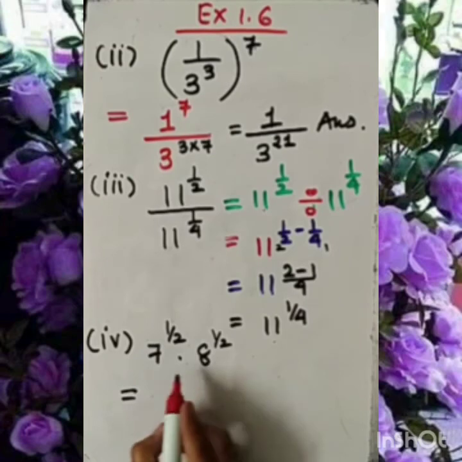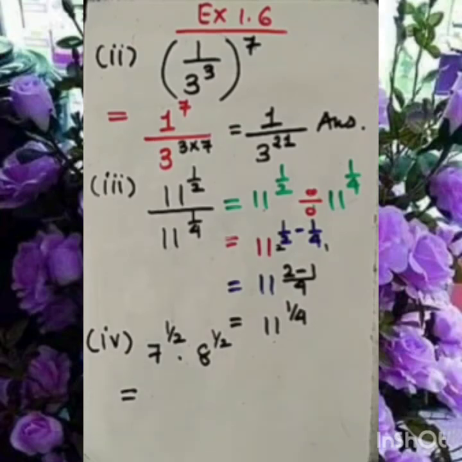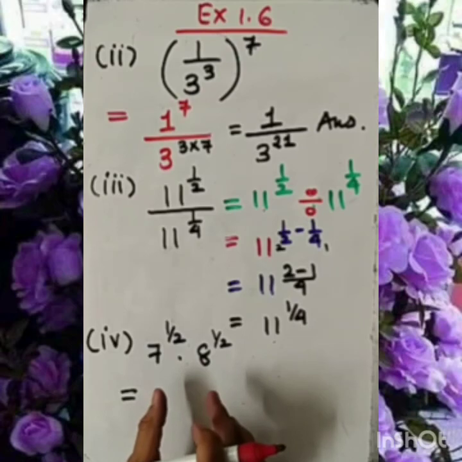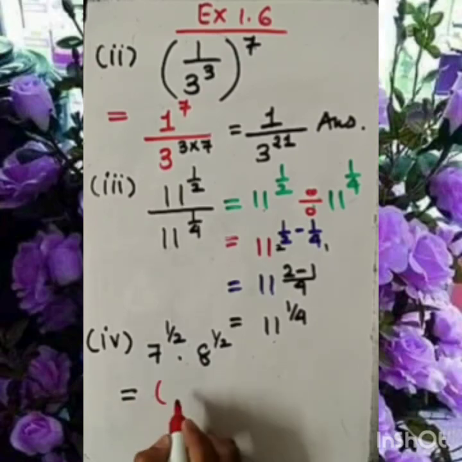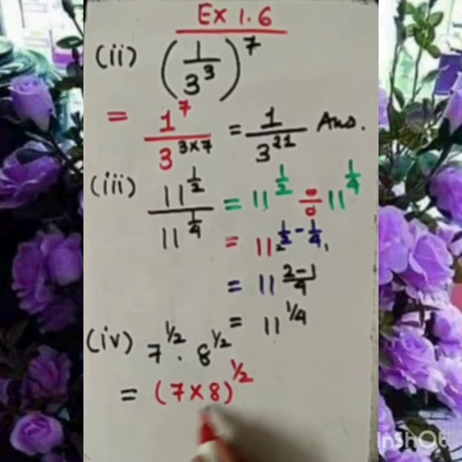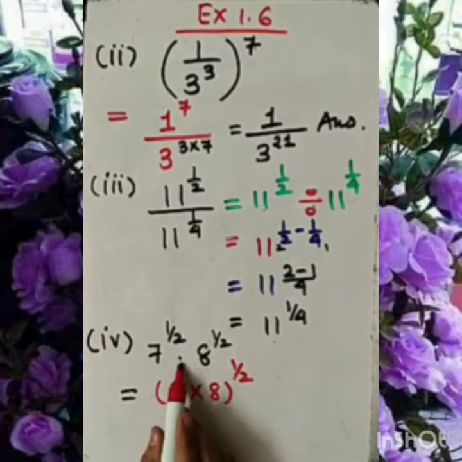You can see the base is not similar, so another law of exponent we have to apply in such a case. We can say that 7 and 8 both have a similar power. So can I write them in a whole power, with multiplication between them?